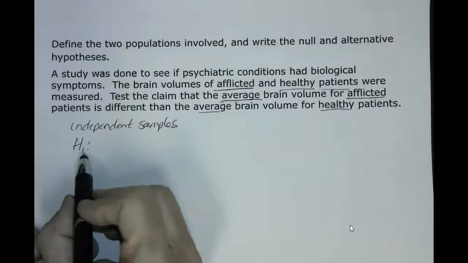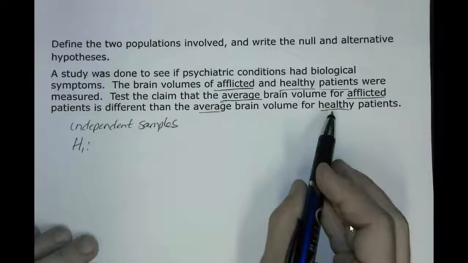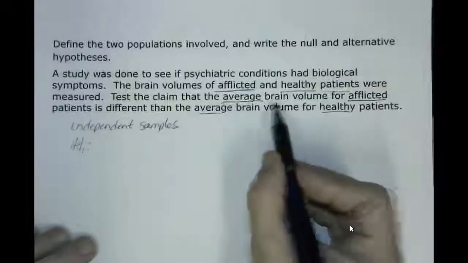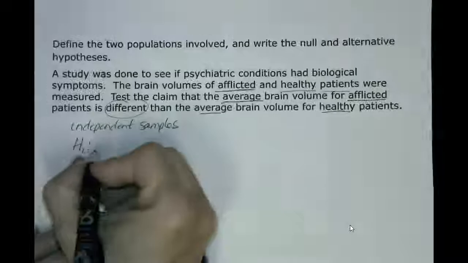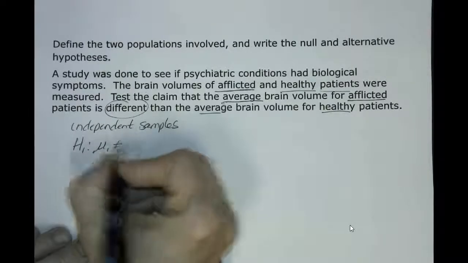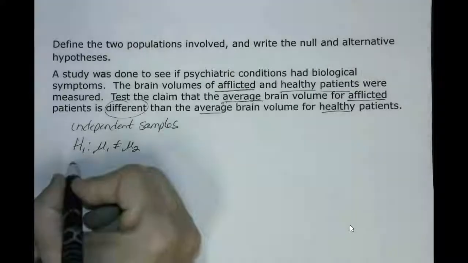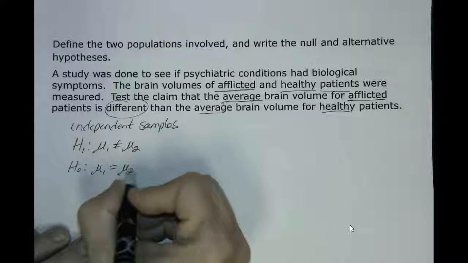So for your H1, you're going to have mu1 and mu2, and you want to know whether one is bigger than the other, or whether they're just not equal to each other. In the claim, it doesn't say anything about more or less, it just says whether they're different. So all you can say here is mu1 is not equal to mu2. Then your null hypothesis would be that mu1 is equal to mu2.